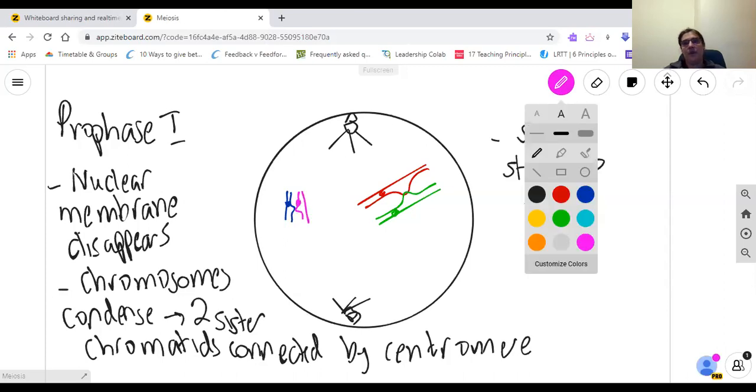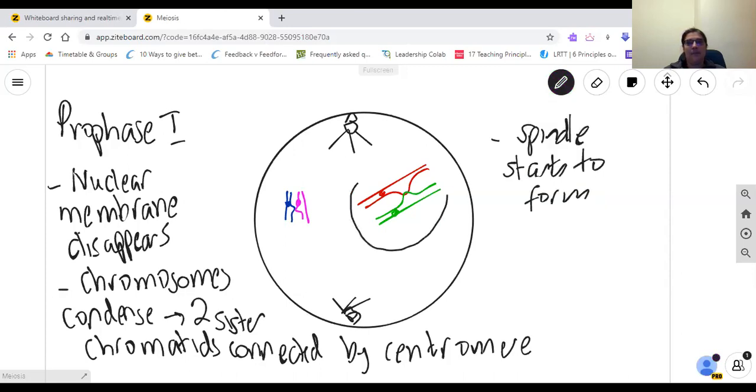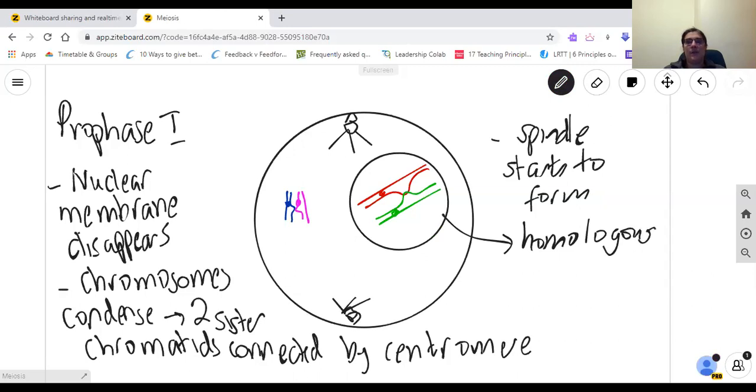So if we have a look at this pair over here, this pair is a pair of homologous chromosomes. Homologous meaning they basically have the same genes on them, not the same alleles, but the same genes on them. So both pair number 1 or pair number 2. So they pair up and they form what we call a bivalent pair.